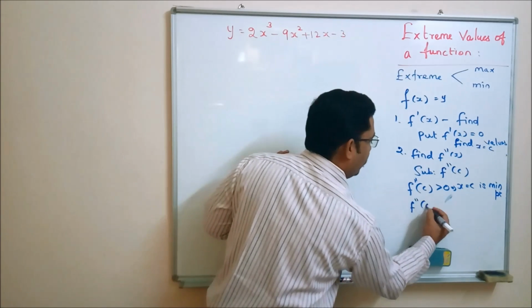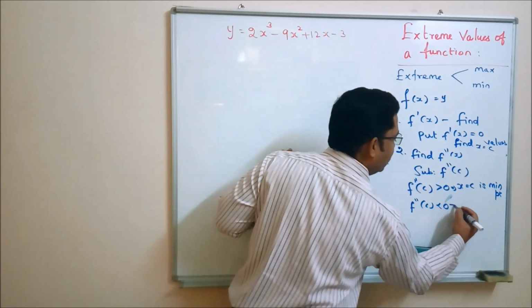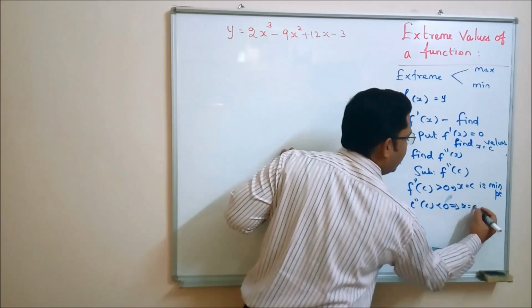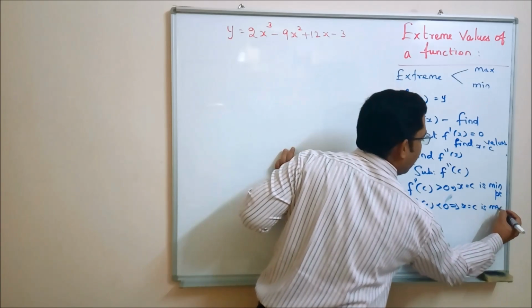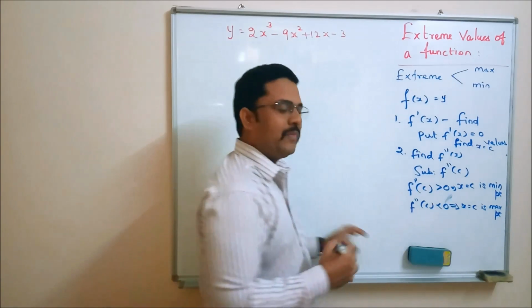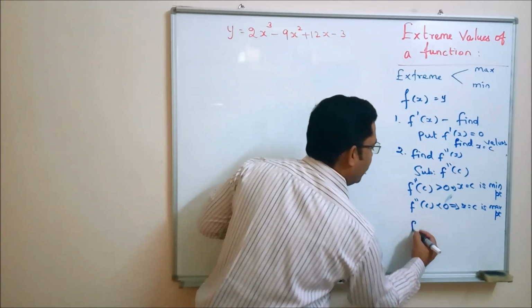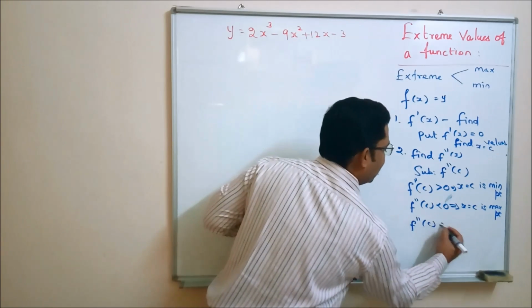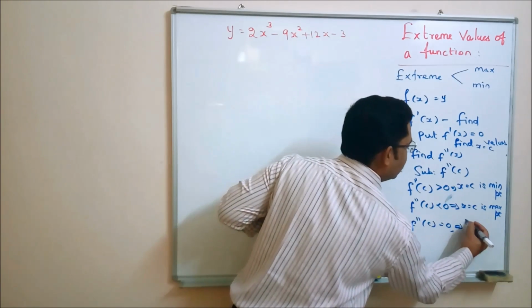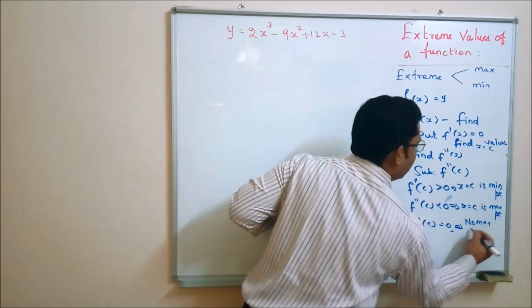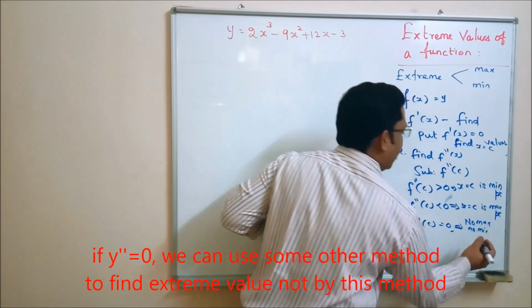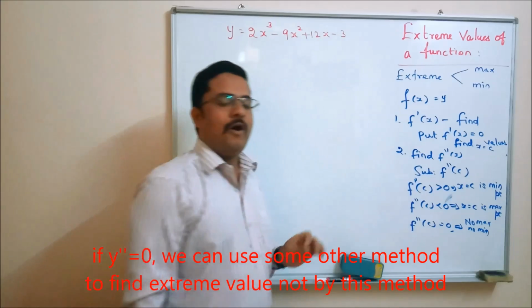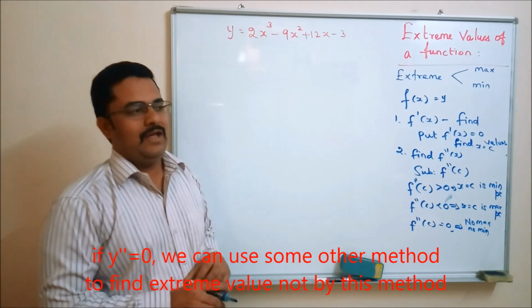If f double dash of c is less than 0, the point x equal to c is a maximum point. If f double dash of c is equal to 0, there is no maximum and no minimum; it doesn't possess any maximum or minimum.